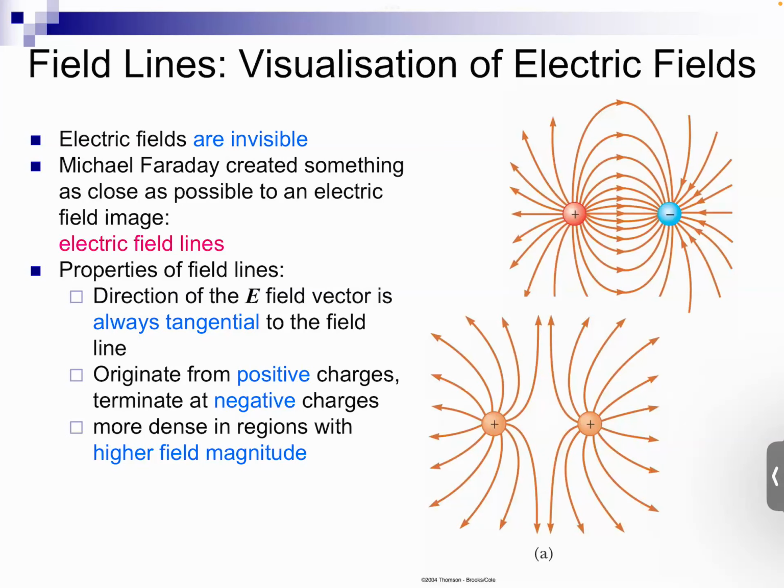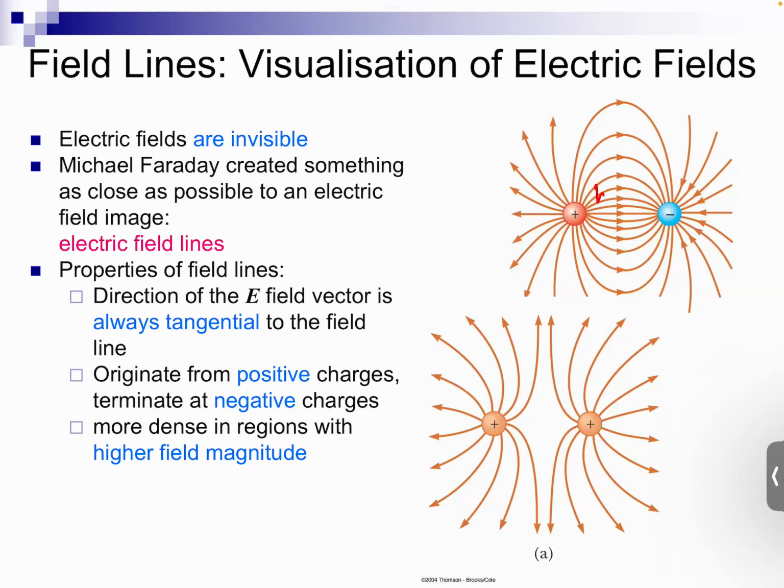Right, the density of the electric field lines tells us how much electric field is present. So the denser the field lines are, the higher the electric field at that position.